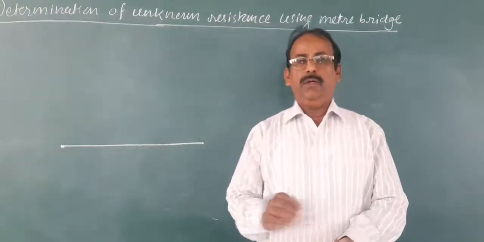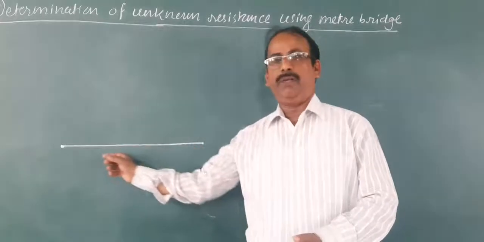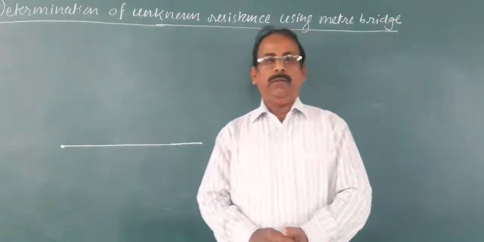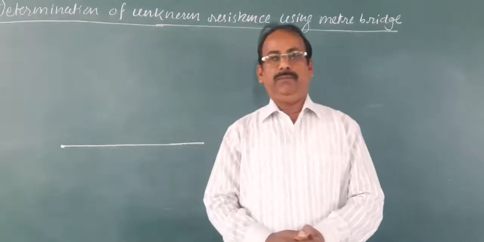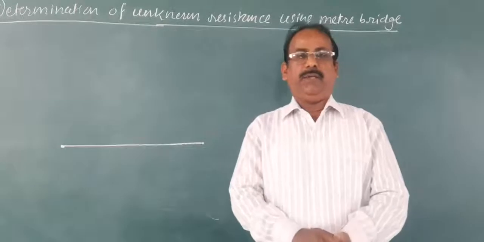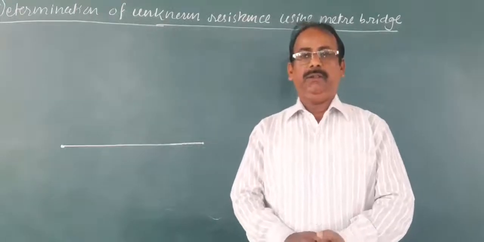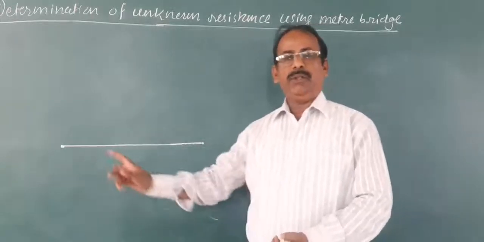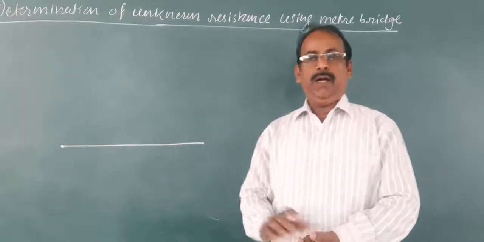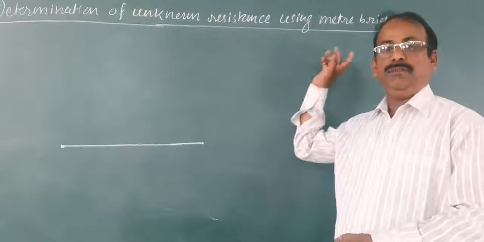Uniform means having uniform area of cross section. Conducting wire, metal wire, whose length is exactly equal to 1 meter. The length of this wire is how much? 1 meter. And therefore, the name of this instrument is meter bridge.